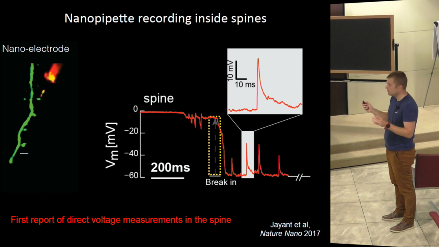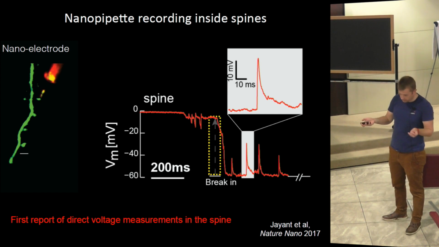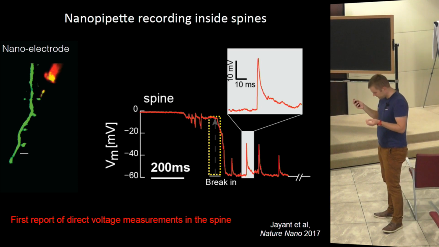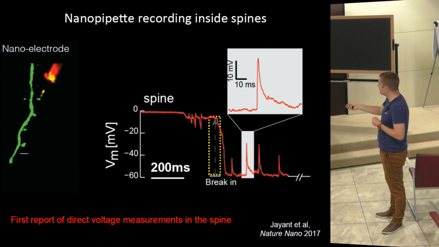I would not be able to do this, but he was able to do this on four spines, I think. He inserted the pipette in the dendritic spines, and then he used a lot of deconvolution of electrical engineering to measure the voltage directly inside the spine.